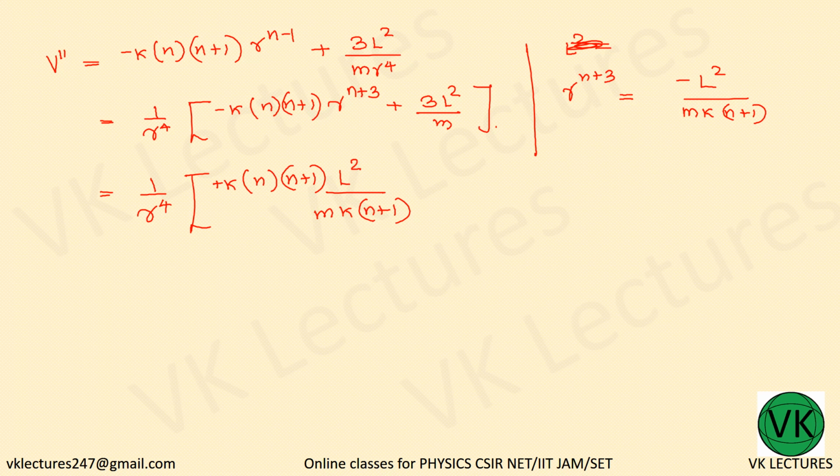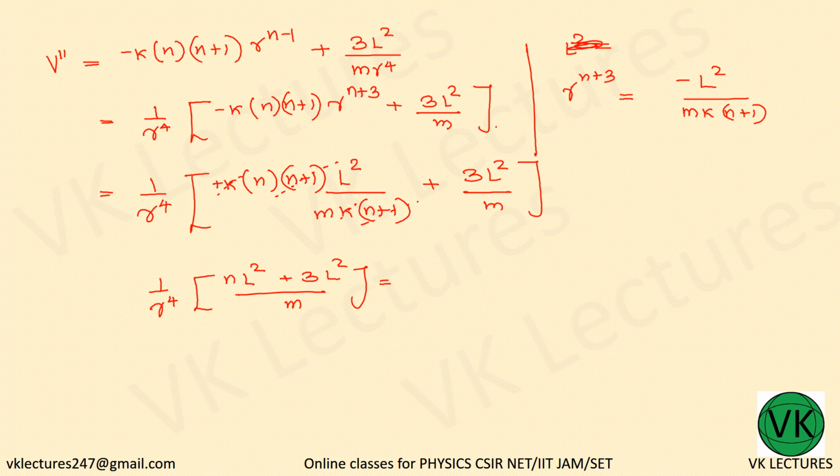Plus 3 L square divided by m. Now we have this n plus 1 and n plus 1 here, and m k, so k and k cancel. So 1 by r to the power 4 times n times L square plus 3 L square divided by m.